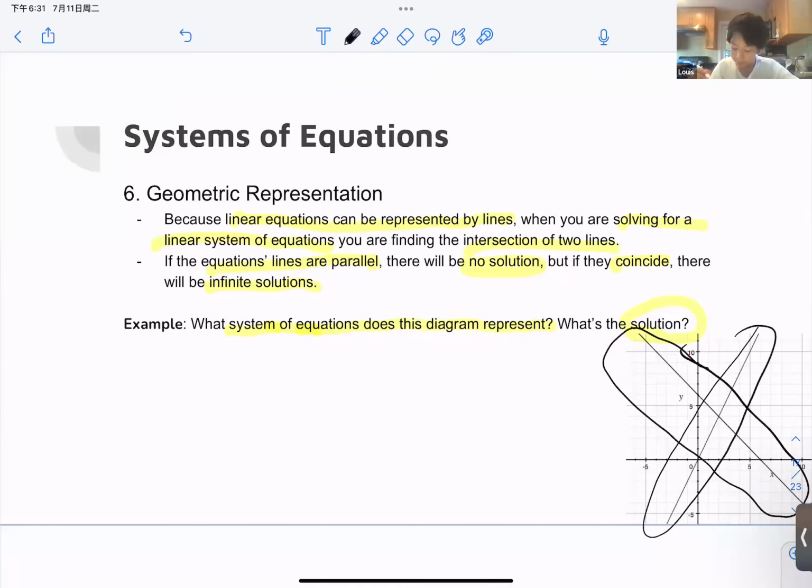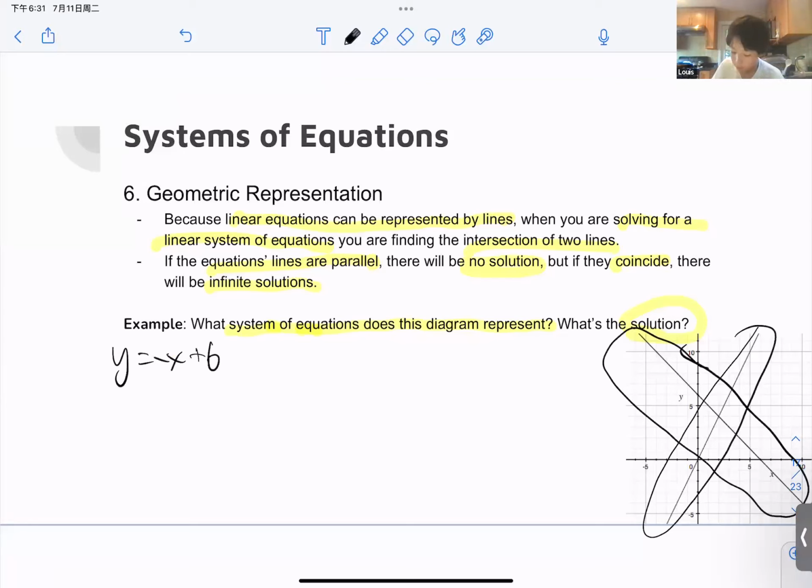We have that the slope-intercept form is y equals negative x plus 6, since the y-intercept is 6 and the slope is negative 1.